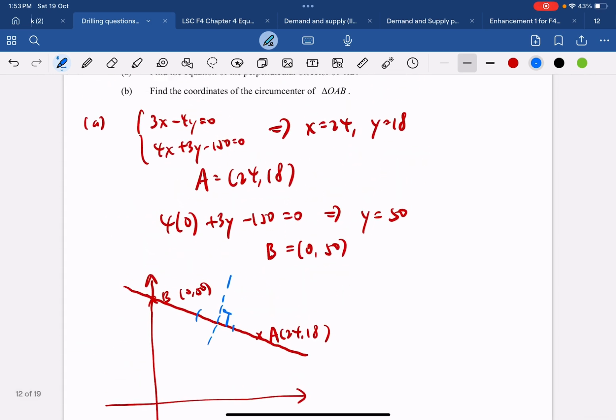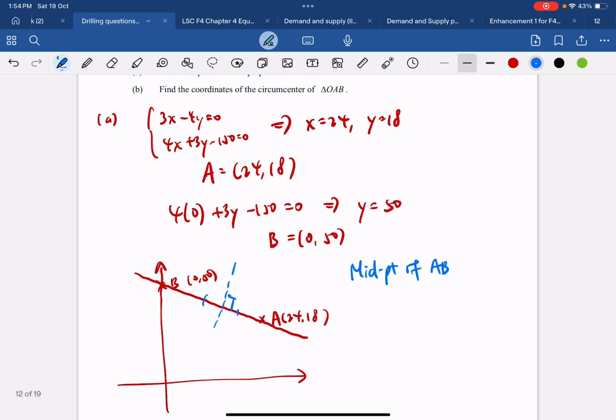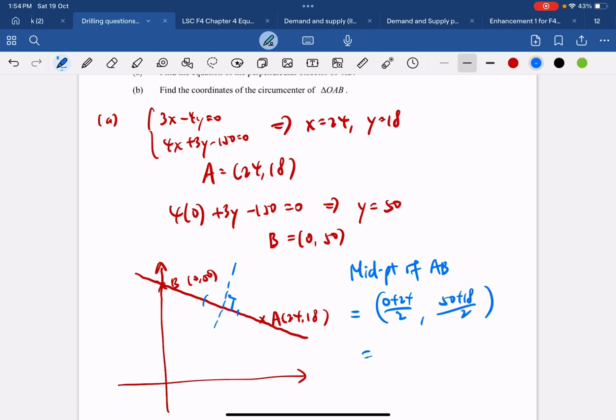As you know, the perpendicular bisector of AB must pass through the midpoint of AB first, right? So we can find the midpoint of AB first, which is (12, 34). So this point is (12, 34).